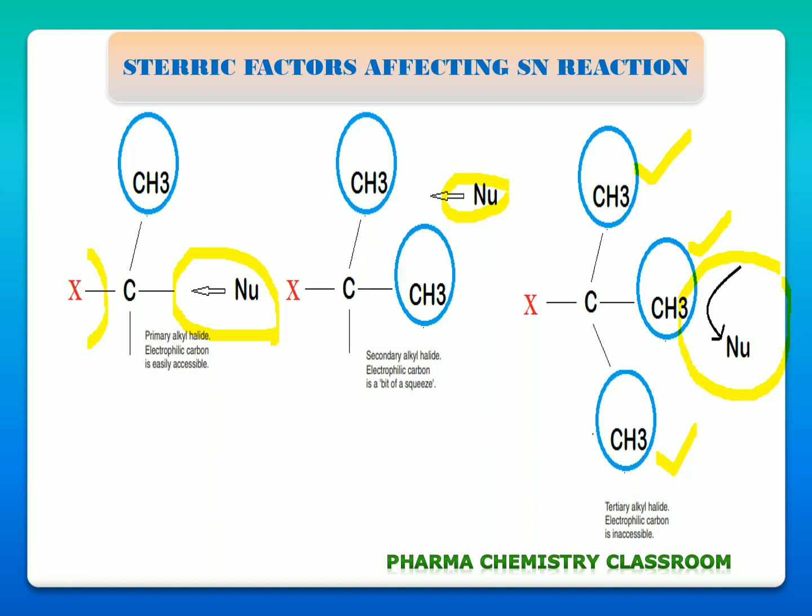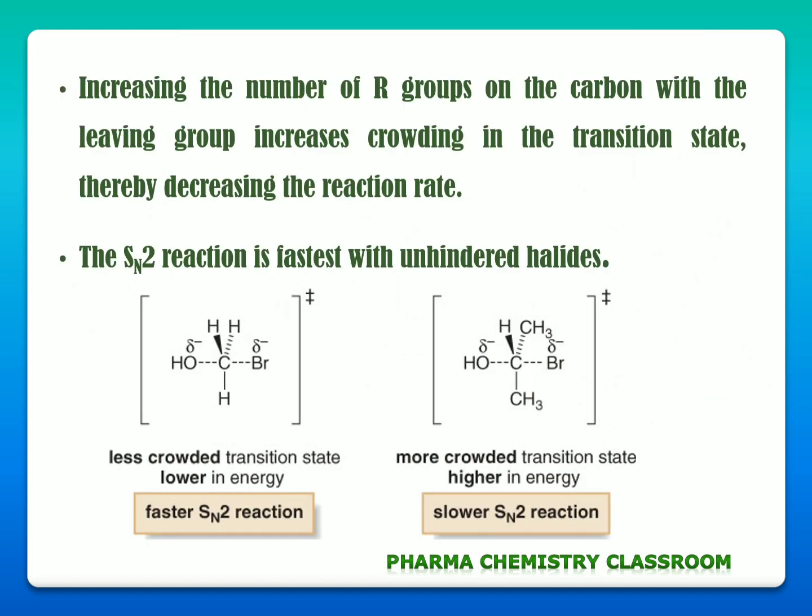So SN2 reaction is not possible. Increasing number of R groups on the carbon atom decreases the rate of SN2 reaction. Unhindered alkyl halides like methyl halides, primary alkyl halides undergo the reaction very easily.